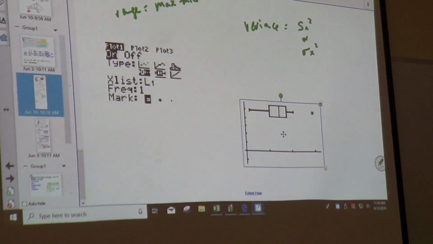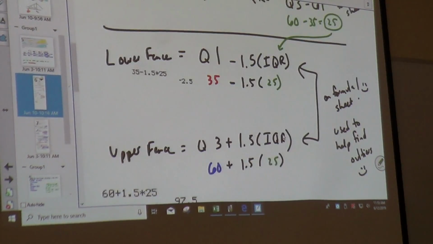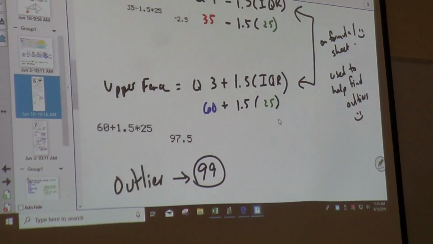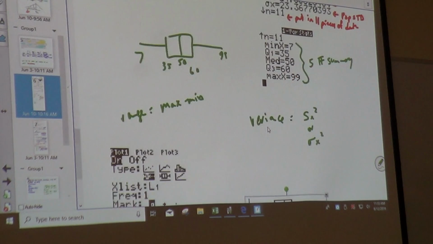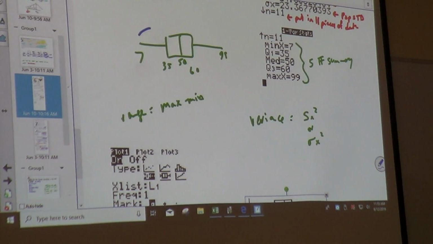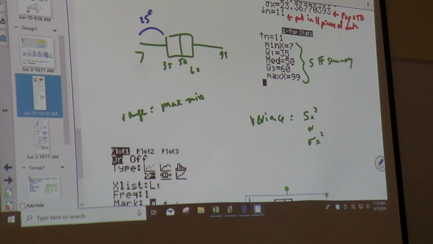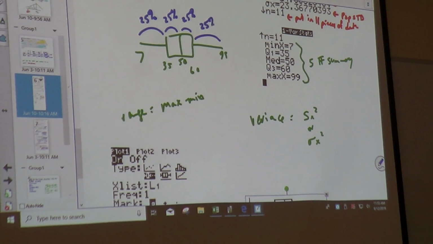Now, another thing that this also shows me about the data is that when you're showing your graph, and let me just draw like a baby graph on here. Each part of your box and whisker, this represents 25%, your second quarter represents 25%, your third quarter represents 25%, and your fourth quarter represents 25%.